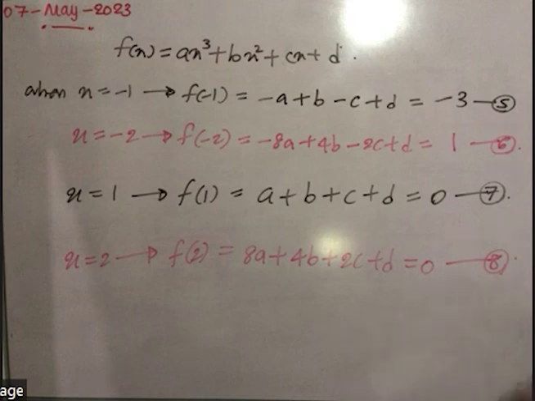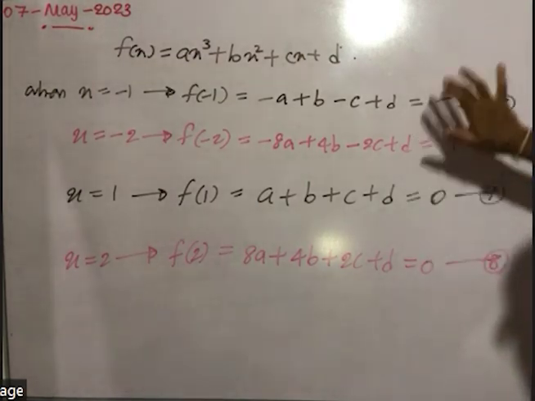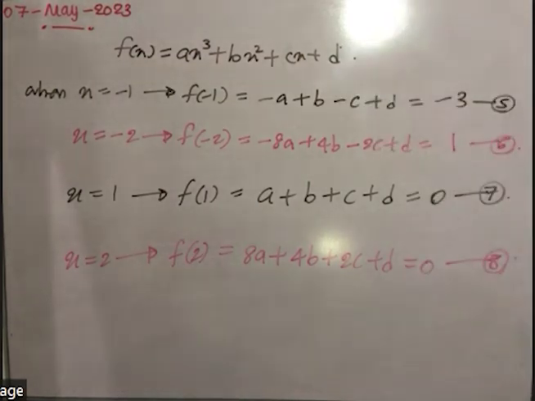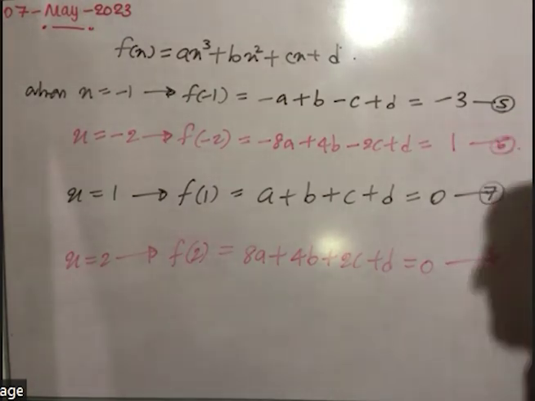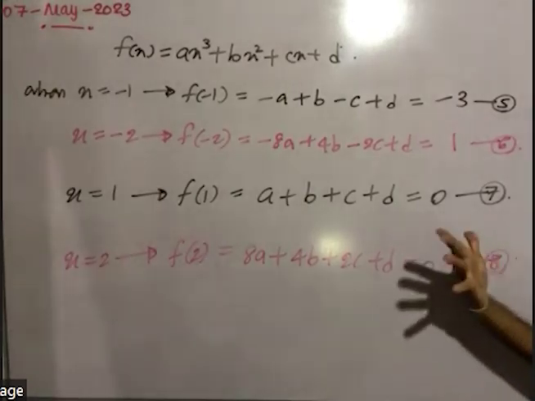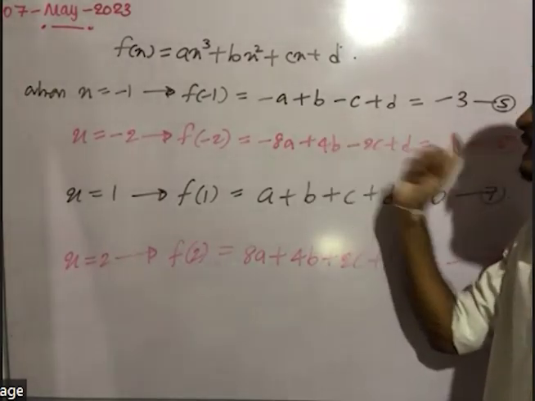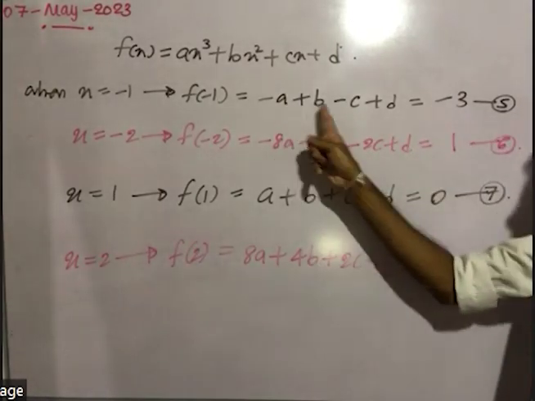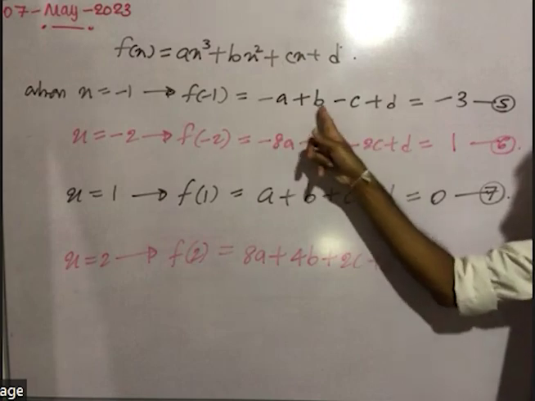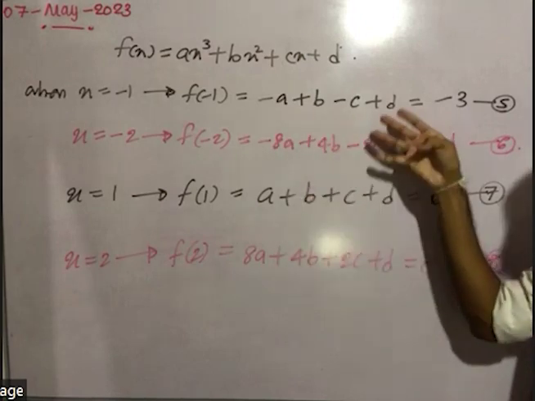Now using these 4 equations, we can solve them as simultaneous equations. Then we can find the values of a, b, c, d, because there are 4 unknowns, a, b, c, d, and there are 4 equations.